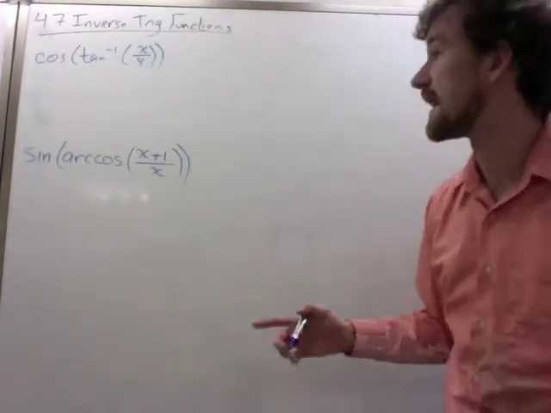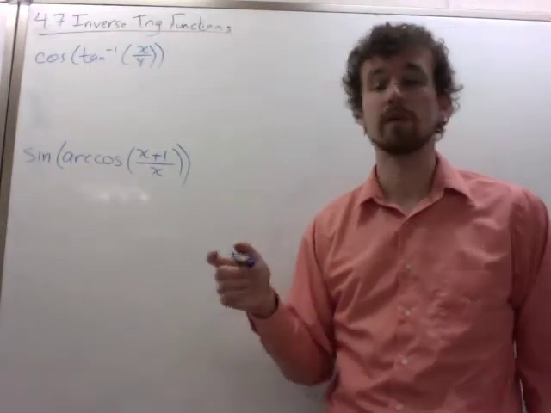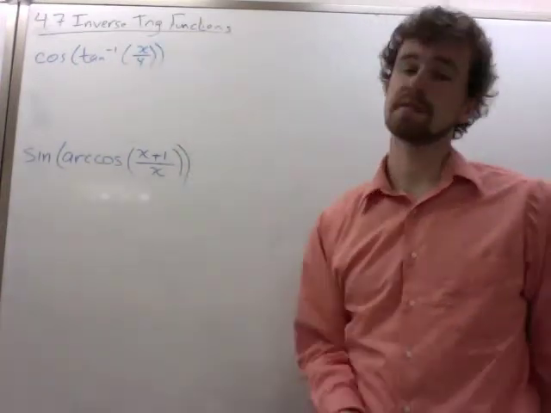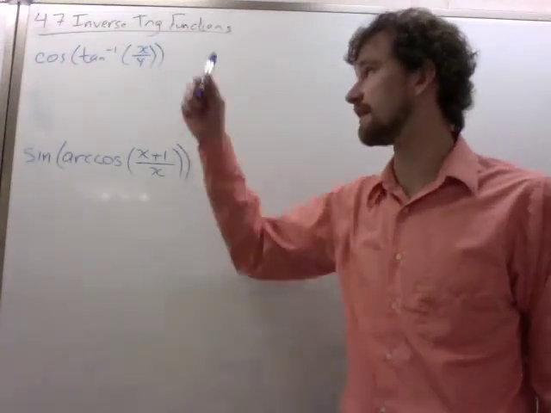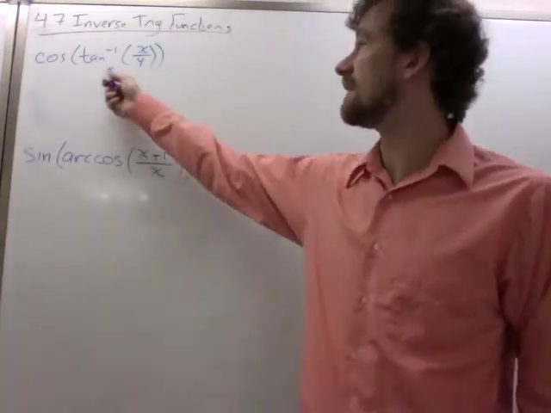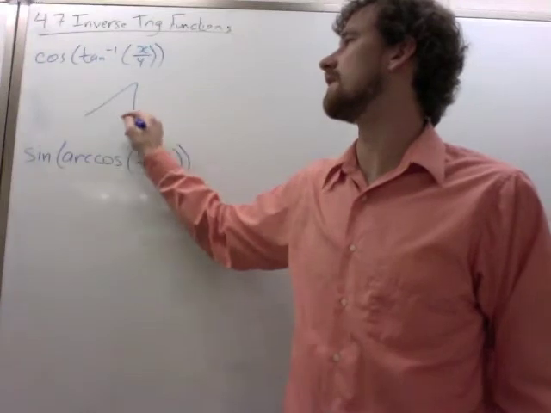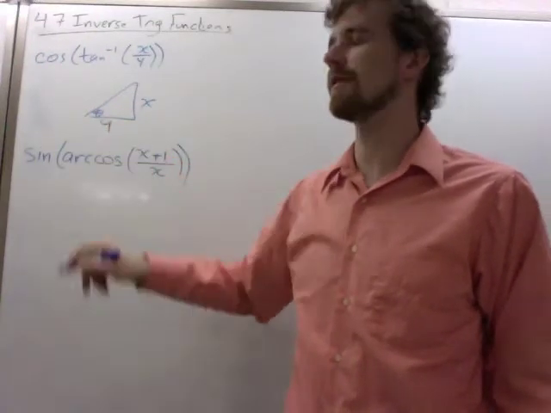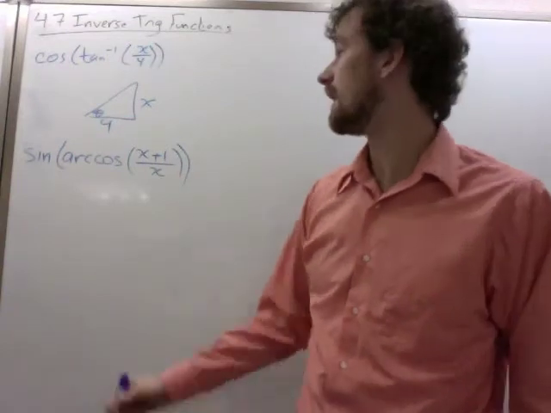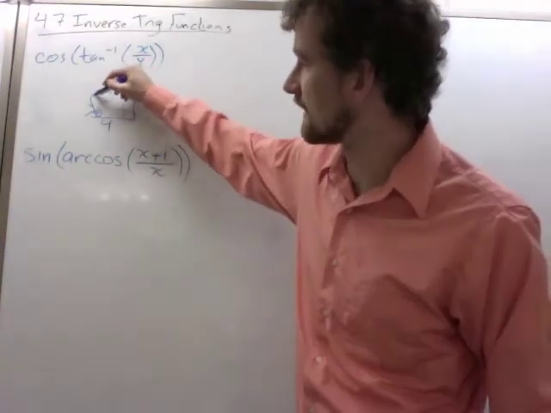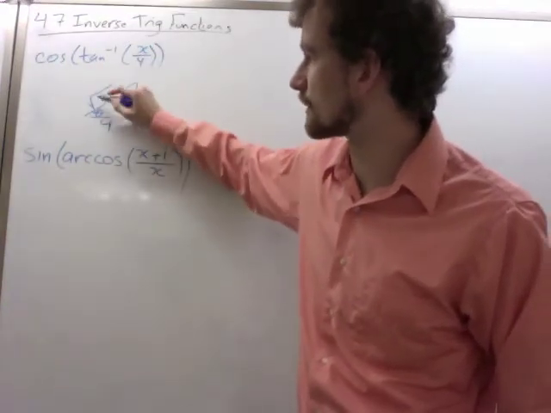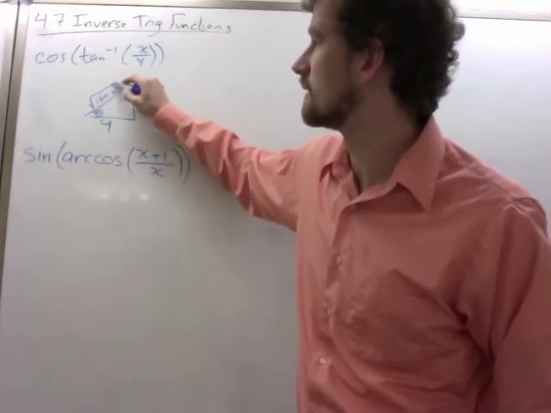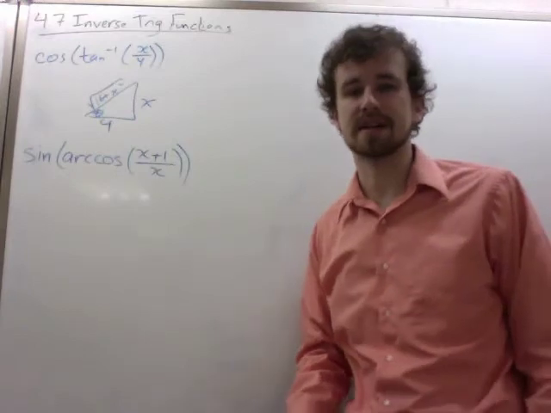We can also take these compositions by drawing a triangle even if we don't have numerical values inside our function. This means that the tangent of our angle is x over 4, so opposite over adjacent is x over 4. And by Pythagorean theorem, we can figure out that the hypotenuse is the square root of 4 squared plus x squared, which is the square root of 16 plus x squared.